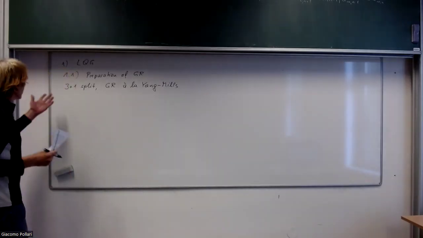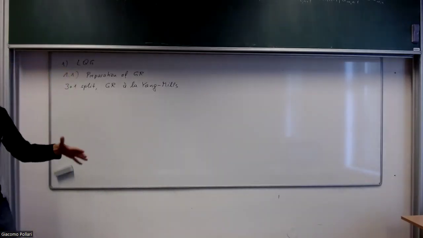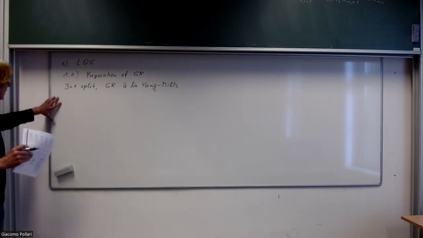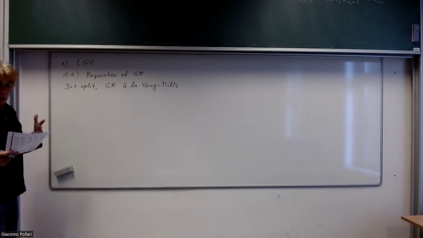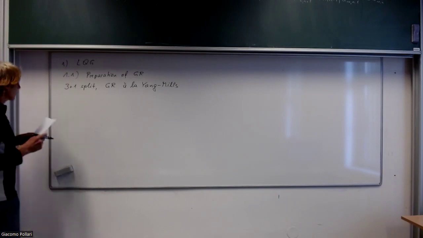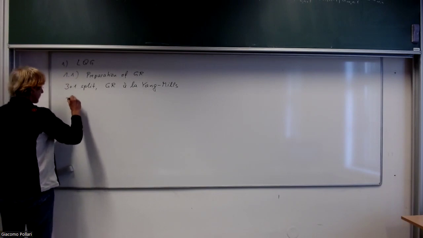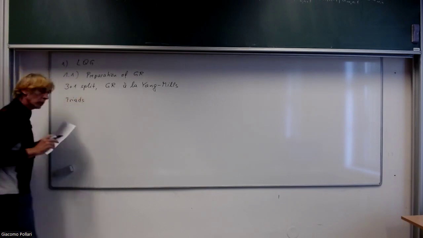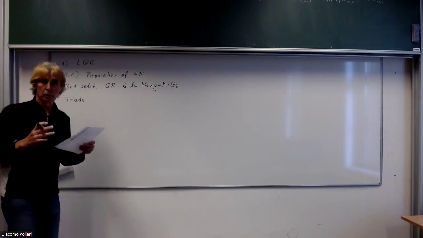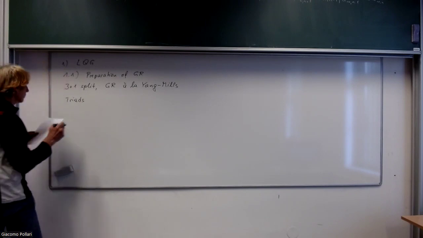So this split means we have space-like hypersurfaces, and on these hypersurfaces we define our variables. These are triads, an orthonormal basis at every point, which can be considered as local rest frames.